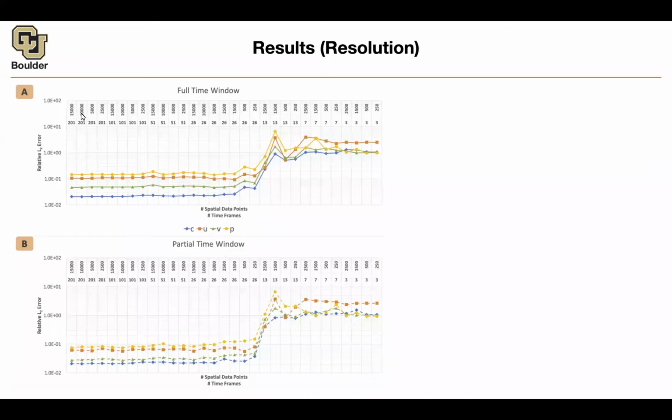What if you reduce the number of points in the space from 15,000 to 10,000 to 5,000 to 2,500? What if you reduce the resolution in time? What if you do all of them together? Reduce the resolution in space and time. What's going to happen? How sensitive is your algorithm to that? And when is it going to break?